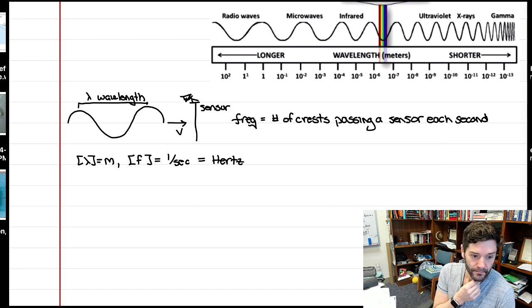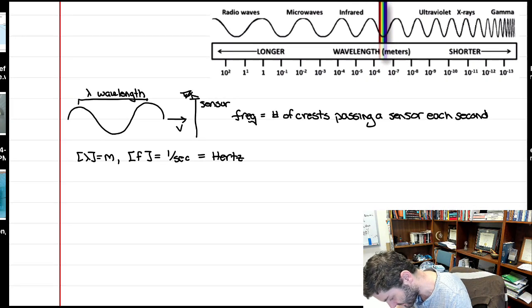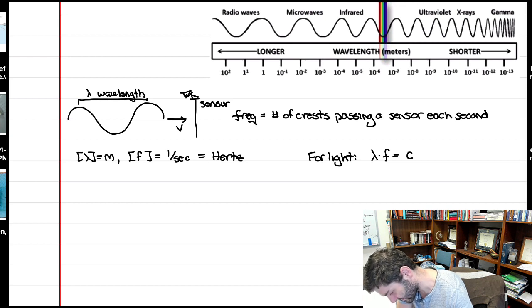And what's nice is that for light, the relationship between them is very simple. For light, the wavelength times the frequency equals the speed of light in vacuum.